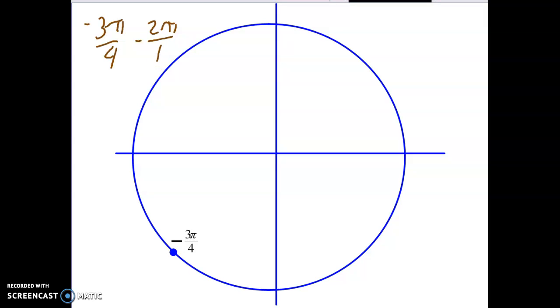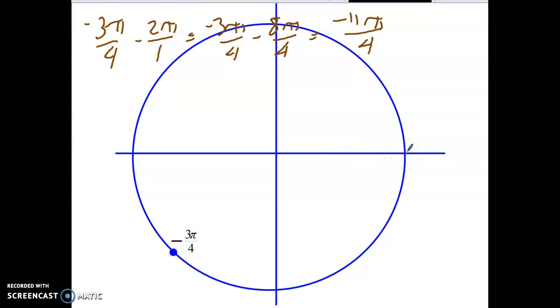All right, so my common denominator this time is going to be 4. So negative 3 pi over 4 minus 8 pi over 4. Negative 3 and negative 8, that makes negative 11 pi over 4. So if I go all the way around the unit circle again and end up there, that puts me at negative 11 pi over 4.